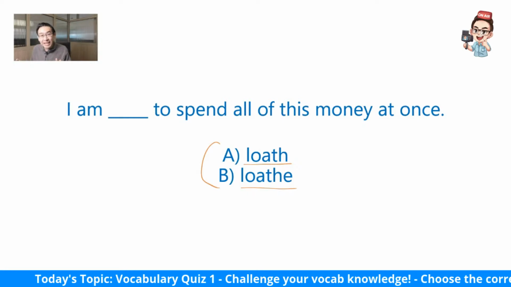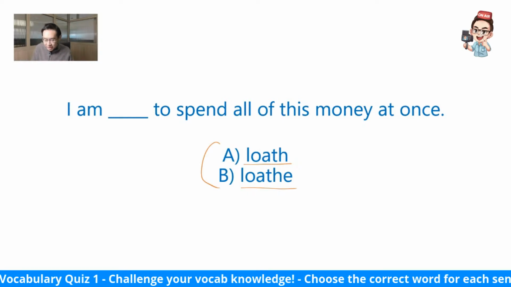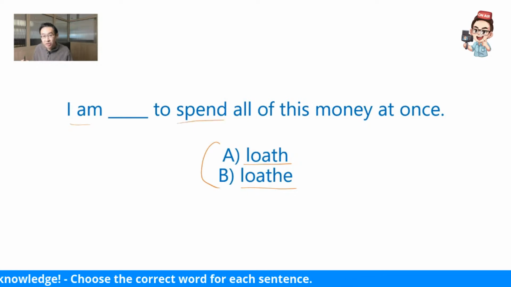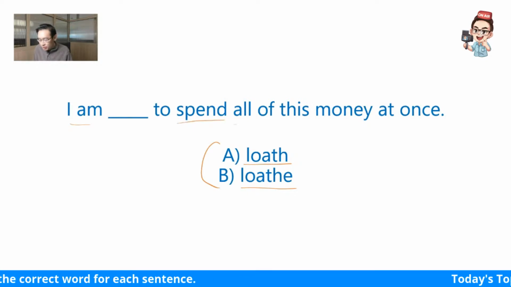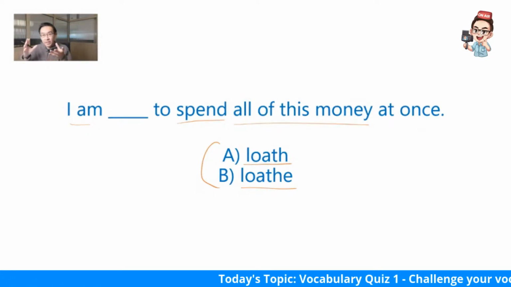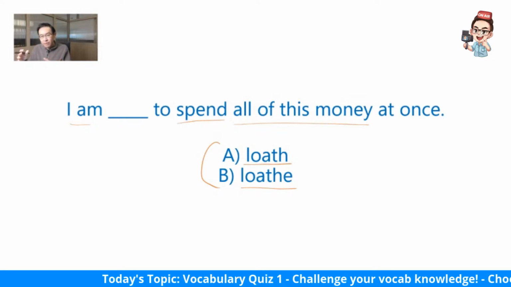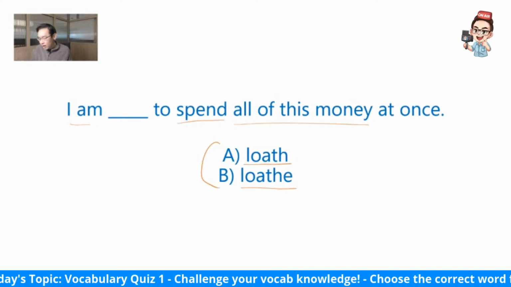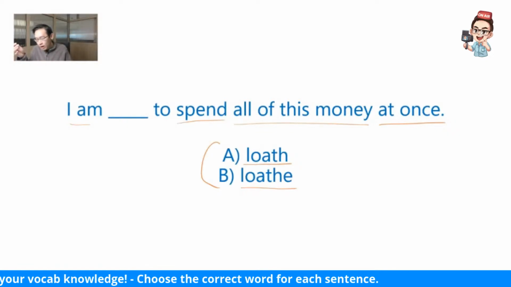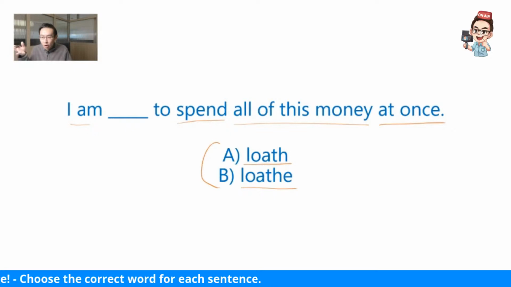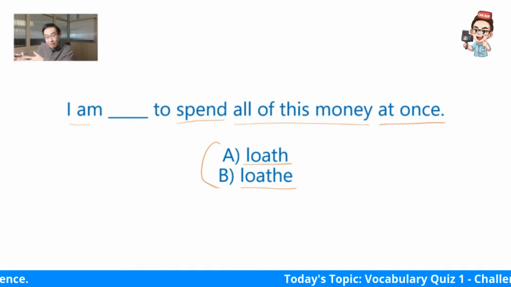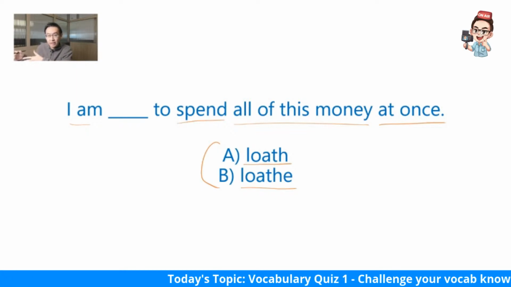Let's look at the sentence first, shall we? So I am something to spend. To spend is to use, right? And in this case, to use what? All of this money. So maybe I just got some money, and I something to spend it, to use it at once. If we use something all at once, it means we use it at that time and not save it for another time or for something else, okay?